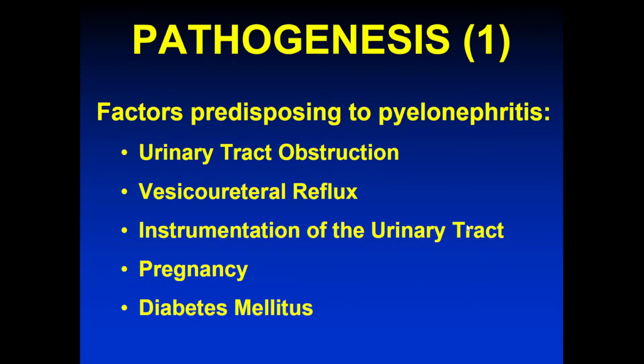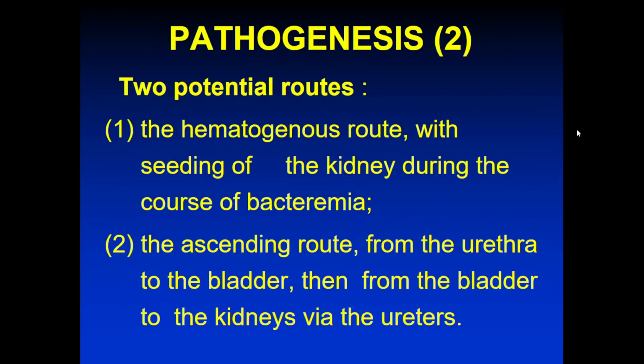But in any case, we have to take into account the pathogenetic factors which predispose to pyelonephritis, which are urinary tract obstruction, vesico-ureteral reflux, instrumentation of the urinary tract, pregnancy, and at last, diabetes mellitus.